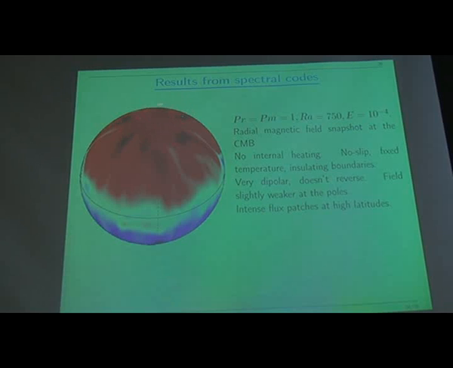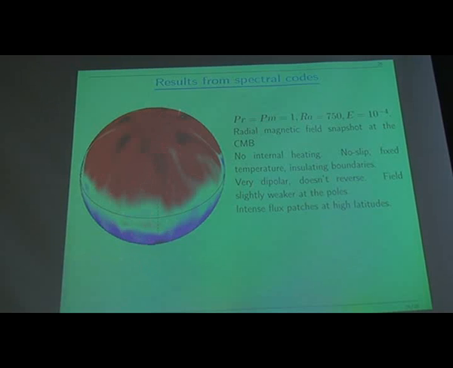Basically, those are just outside the tangent cylinder. The tangent cylinder pokes up over there. Those correspond very nicely to those flux patches that we talked about in the real thing over Canada and Siberia, which actually turn out to be, again, just poking out above the tangent cylinder in the real thing. We've got a highly dipolar field.